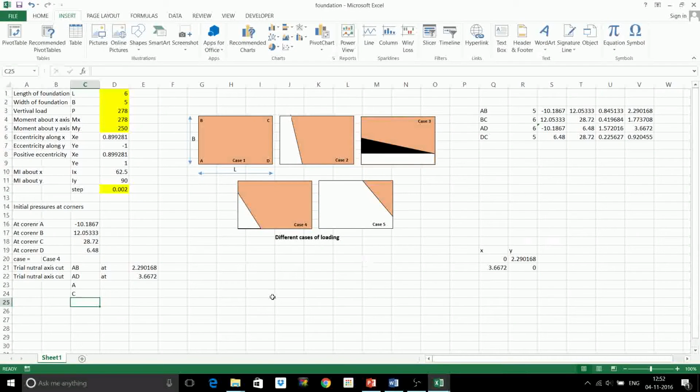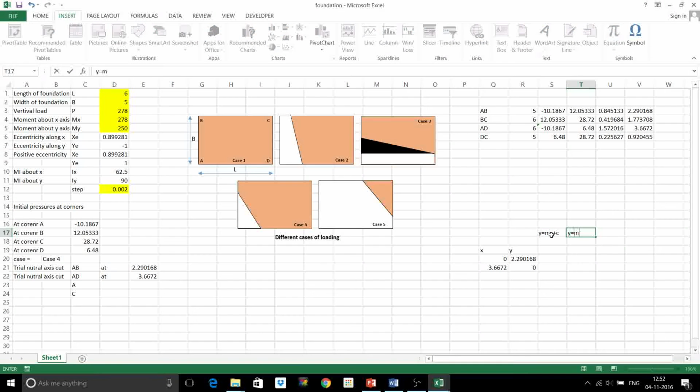So the equation of this neutral axis, that means this line, is y is equal to mx plus c. In the first case I will find out m, and then in the second case I will find out c. How can I find out m? m is equal to y1 minus y2 divided by x1 minus x2.